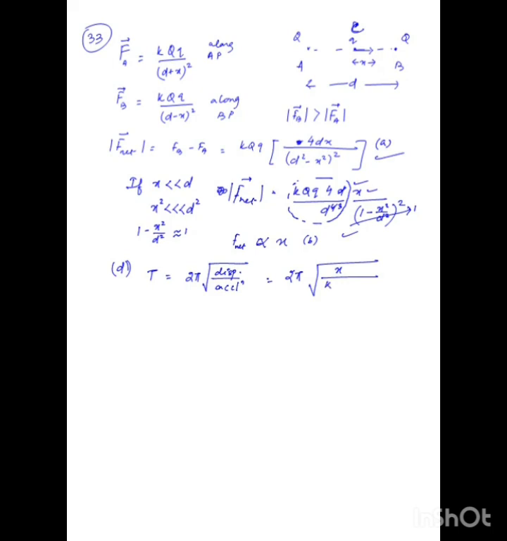So we have k, q, 4 can be taken over here, and then d cube can go up, and the x lies there multiplied to that term. So the x's get cancelled out, so we have 2 pi root over, the 4 can come out and cancel with the 2, so we just have pi, and d cube over k q.